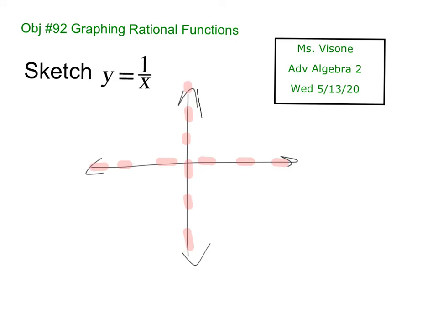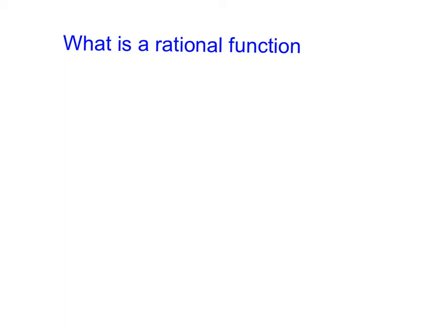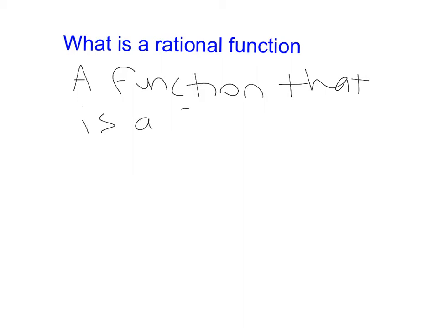All right, so it's just this curve, right? And this is pretty much what every rational function looks like. It's just kind of slightly moved, just like all other parent functions. All right, so remember, a rational function is a function that is a fraction with a variable in the denominator.